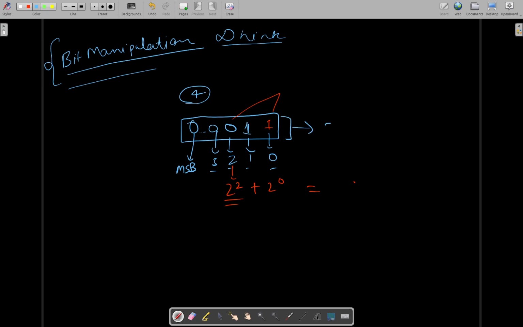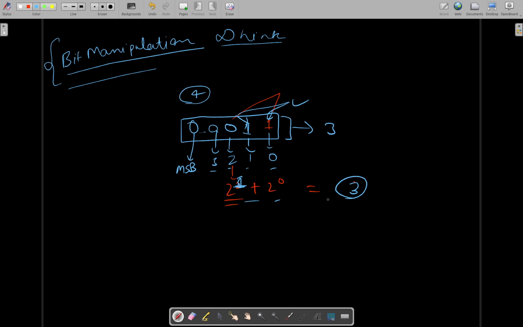This is for 3. As you can see, there are 2 bits that are set, these 2. So you are able to see that for 3, 2 bits are set. That's why it's not a power of 2.